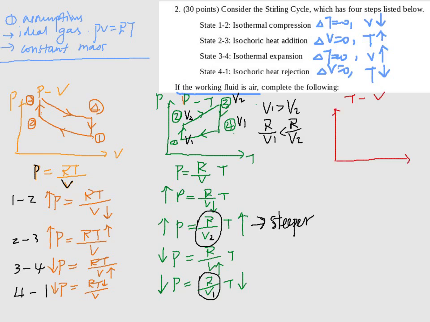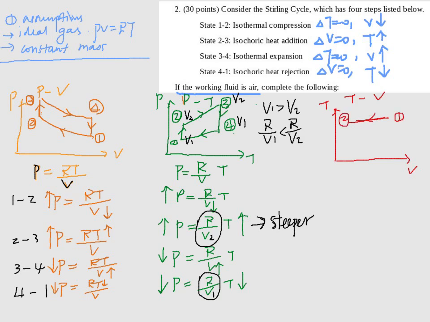So if we look at the first state 1 to 2, let me put the axes first. So we have V and T. So T from state 1 to 2 is constant. So that tells us it's going to be a straight line. But since the volume is decreasing, we're going to go from right to left. So this is our state 1, this is our state 2.